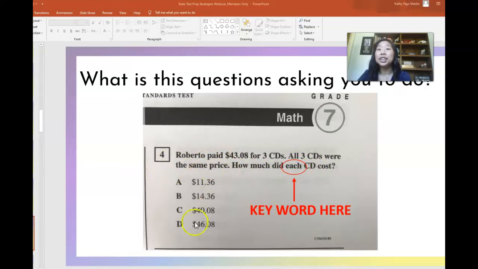So if my total is $43, each is going to be less than $43, okay? See what we're doing here? So we can already eliminate ones that don't make sense, all right? Okay, but I'm getting ahead of myself here. All we are doing is trying to figure out what it is asking us to do.